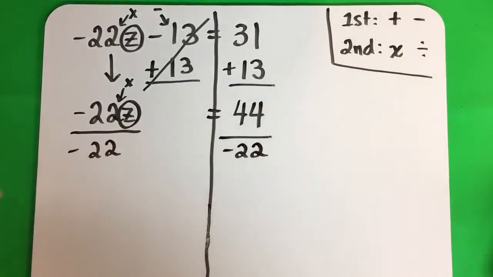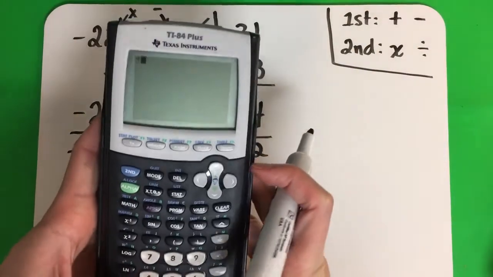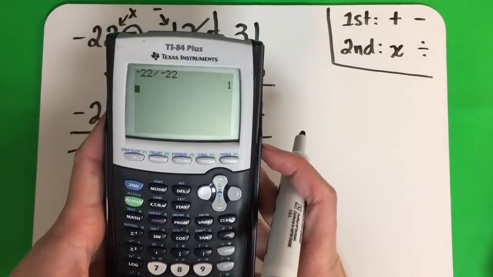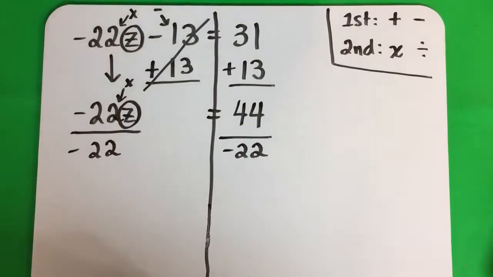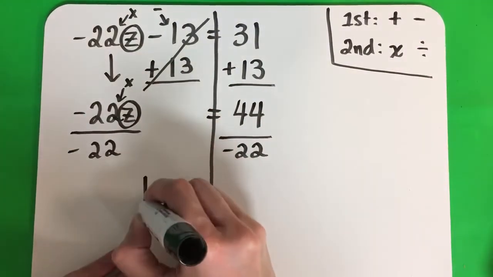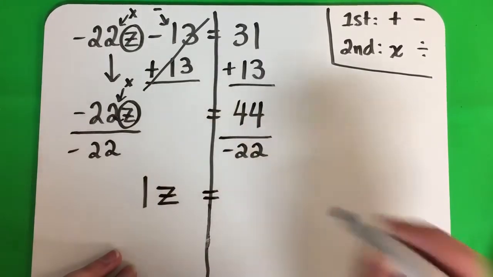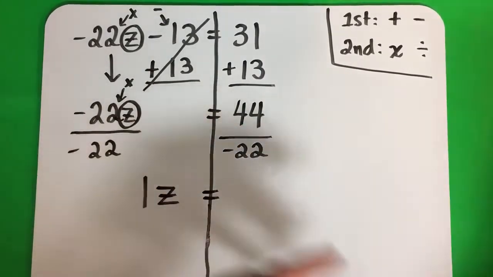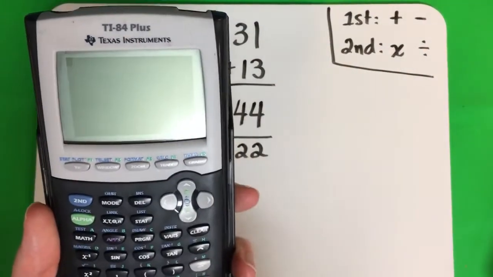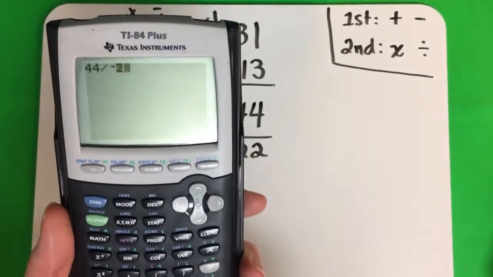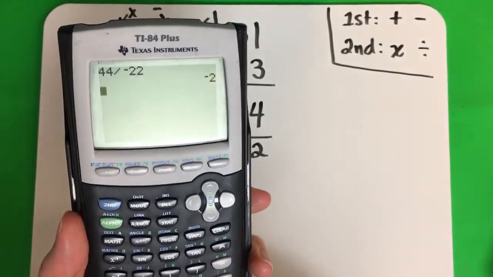Negative 22 divided by negative 22 is 1. So 1, copy the letter, z equals, put in the calculator, 44 divided by negative 22, negative 2.